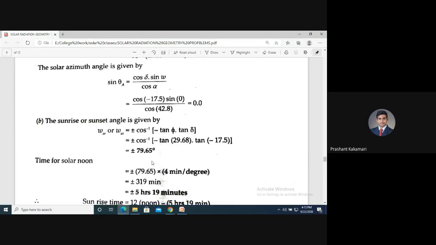So before that, we need to find out the hour angle. So our angle is what? Cos inverse of minus tan phi tan delta. So take the tan phi tan delta values and find out the hour angle, the total hour angle.